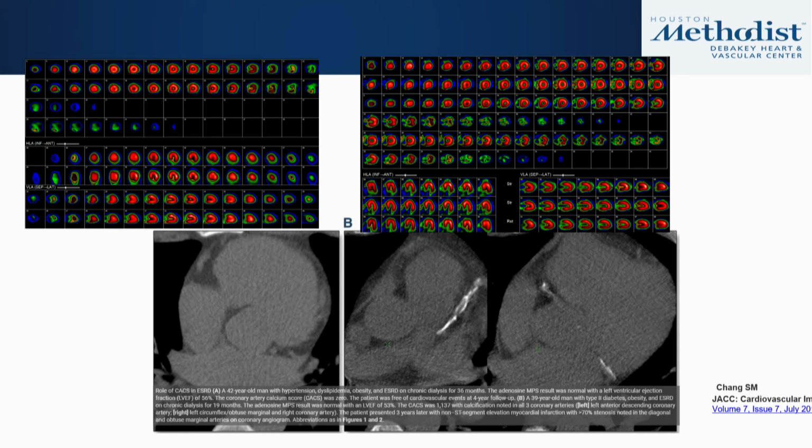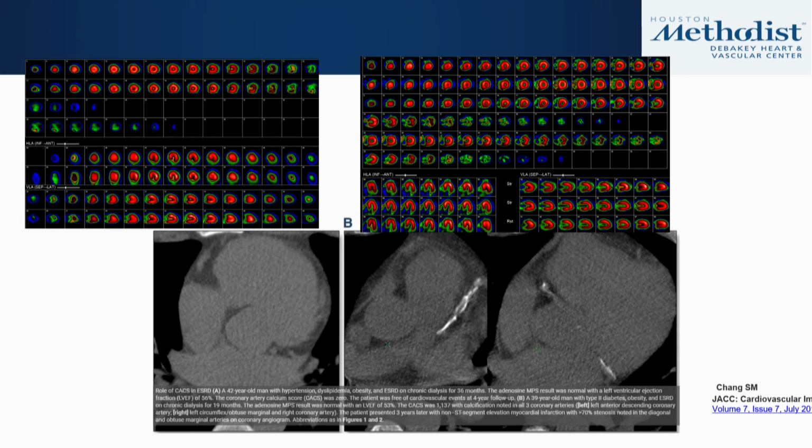This is one of the 2 cases that we wrote for JACC Imaging 5 years ago. In 2 patients, both on dialysis, both of them had perfectly normal myocardial perfusion imaging SPECT, normal EF, normal size. You can see the one on the left-hand side is a 42-year-old guy with all the risk factors, been on dialysis for 3 or 4 years, and his perfusion is normal.